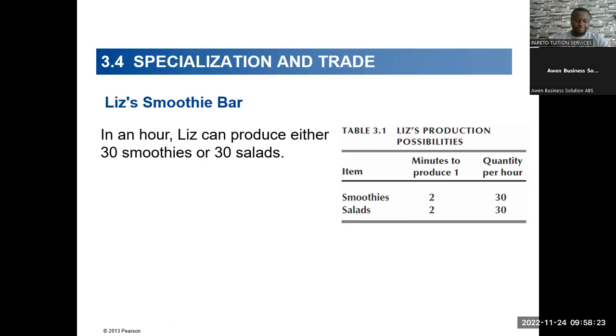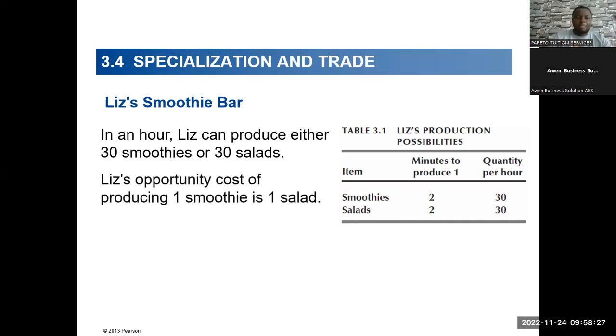Is that okay? Yes. Okay. Now, what is going to be the opportunity cost of producing one salad? What is going to be the opportunity cost of producing one smoothie? Now, let's look at the time. If you want to produce 1 unit of salad, you need 2 minutes.